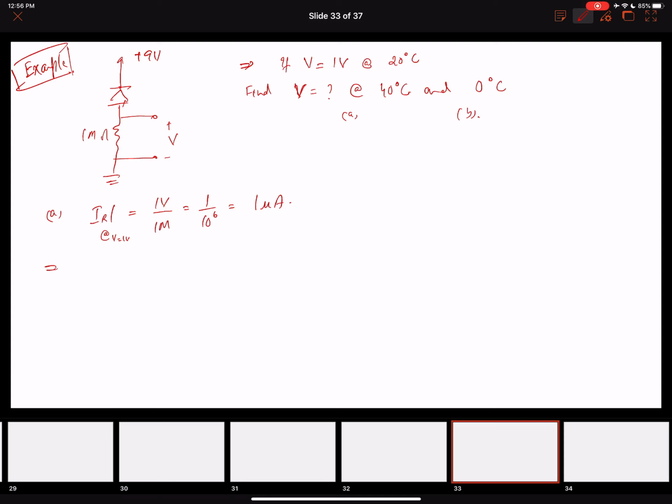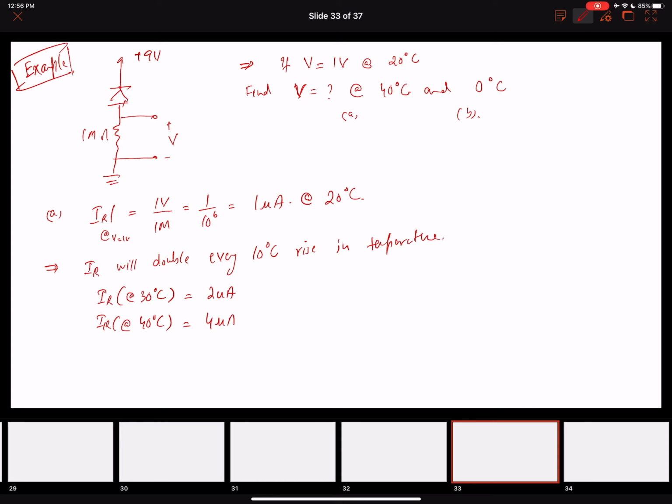Now we know that reverse current will double every 10 degrees Celsius rise in temperature. So this was 1 microampere at 20 degrees Celsius, which means IR at 30 degrees Celsius will be 2 microamperes, and IR at 40 degrees Celsius will be 4 microamperes.